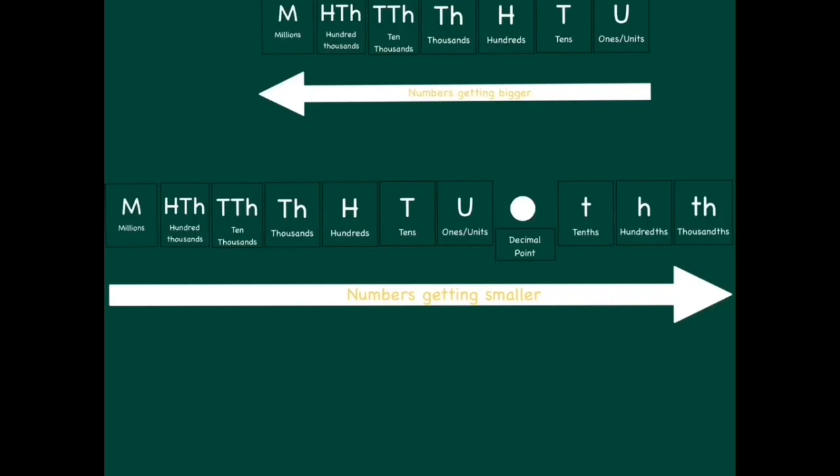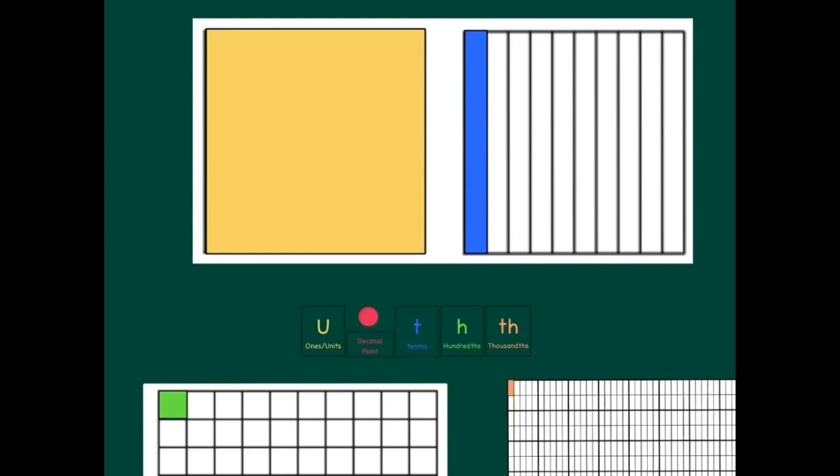Let's take an even closer look at what I'm talking about. I've colour-coded my place value headings with some shapes here to help us see what's happening.